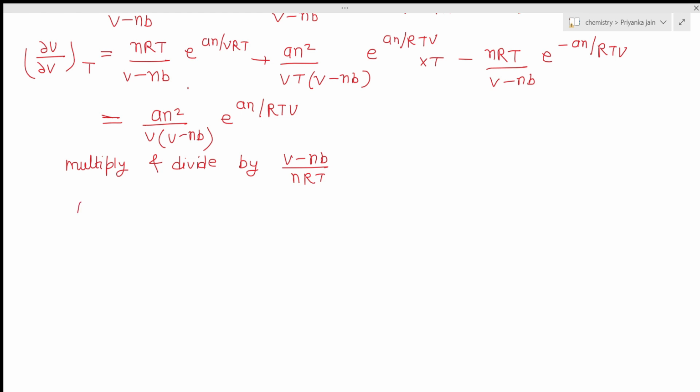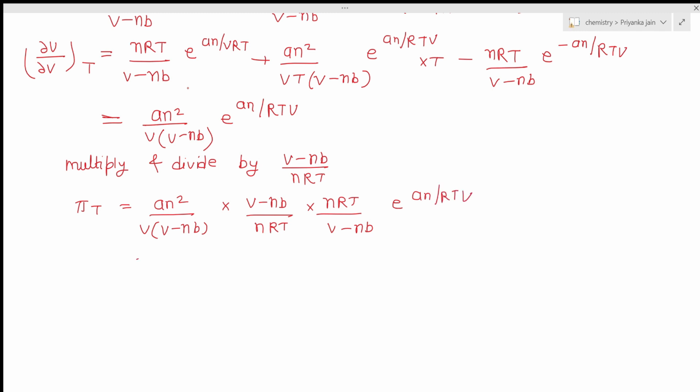So what you get: pi T is equal to a n square upon V minus nb into V minus nb upon nRT into nRT upon V minus nb e to power minus a n upon R T V. So this will be equal to a n P upon V R T. Okay, this you are getting here. So your answer will be a n P upon V R T.